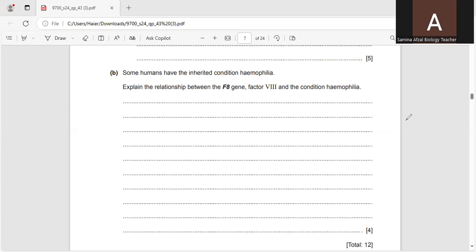And students, you know that the factor 8 gene plays a crucial role in blood clotting. It provides the instructions for producing factor 8, a protein which is essential for the blood clotting process.